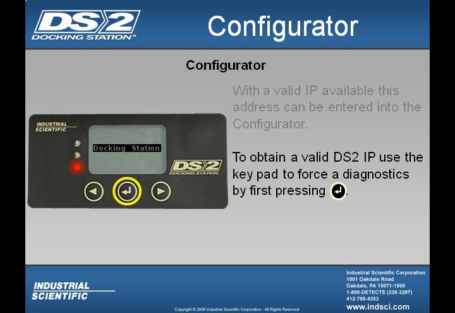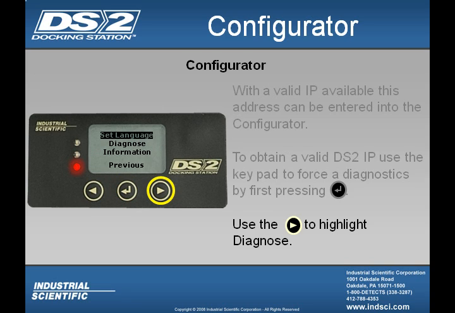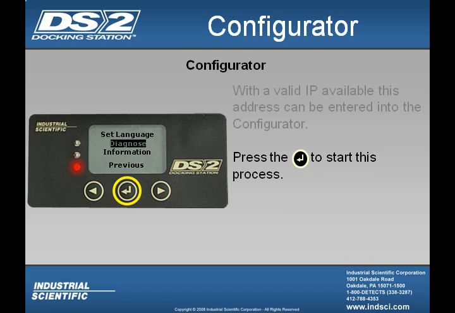Now, to obtain a valid DS2 IP address, I'm going to use the keypad on the front of my DS2, and I'm going to force a diagnostics test on the DS2 itself, and I'm going to do this by first pressing my enter. After I press my enter, I'm going to use my right arrow to highlight Diagnose.